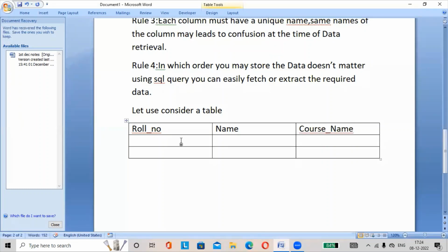Roll number 1, name is Sam, his course name is Python.